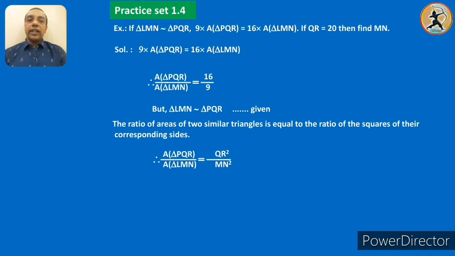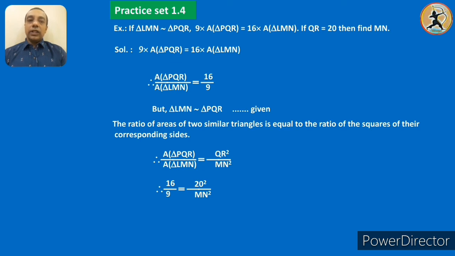We have already found the value of the left hand side, that is 16 by 9, and of course QR is given as 20. So we can substitute the values here. We get the equation 16 upon 9 is equal to 20 square upon MN square.